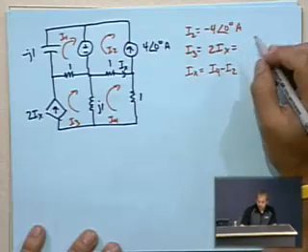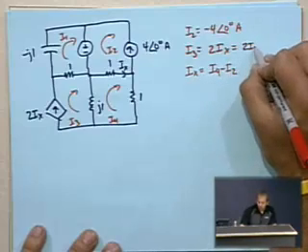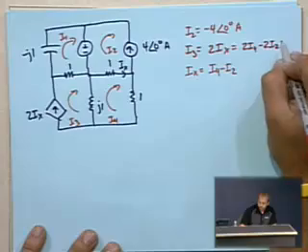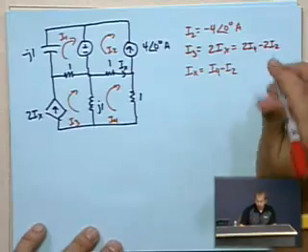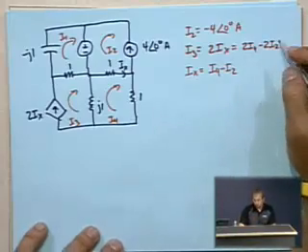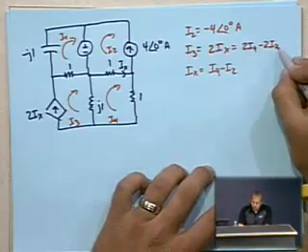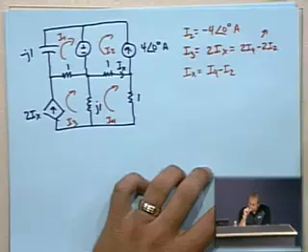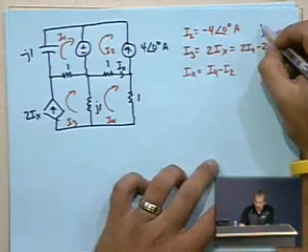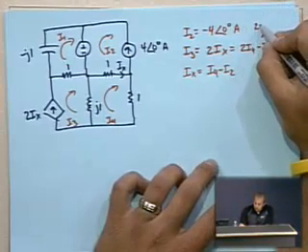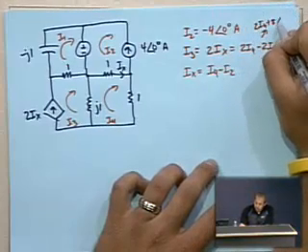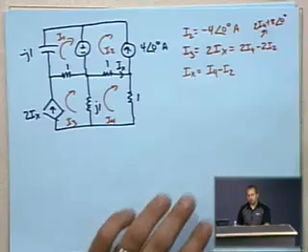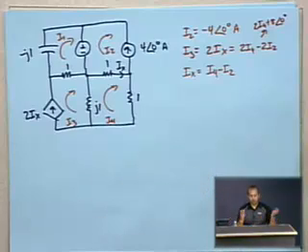So we can also stick that in up here and say that's 2I4 minus 2I2. And you could further simplify this if you wanted to as 2I4 plus 8 at an angle of 0, if you want to get rid of I2 already and try to get it out of the equations.